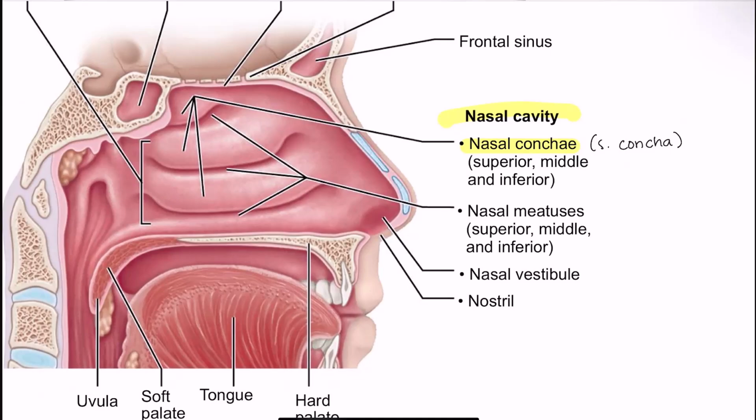This is a 2D image trying to show a 3D thing, but they curl underneath like that. The space that's created by that concha curling underneath is called the nasal meatus. There are nasal meatuses, and they're named after where they are: superior, middle, inferior. Lining all of this structure is mucosa, and that's where we have all of those olfactory receptors.